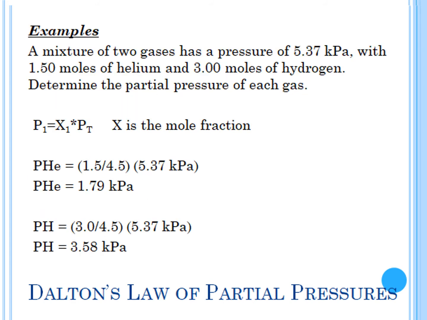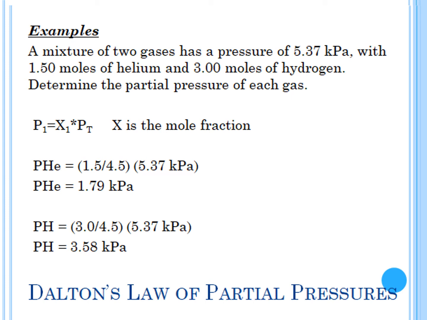So a mixture of two gases has a pressure of 5.37 kPa with 1.5 moles of helium and 3 moles of hydrogen. Determine the partial pressure of each gas. So in this case, we can use our other formula. P1 equals X1 times PT, where X is the mole fraction. So we're not looking at a mole ratio like we do in a balanced equation in stoichiometry.